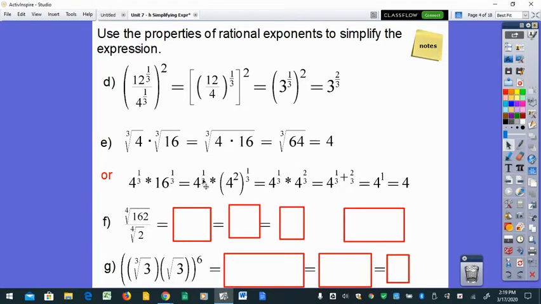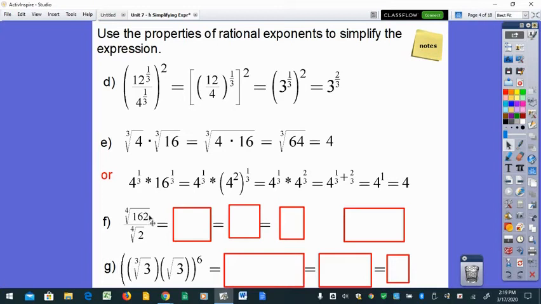Now I have 4 to the 1/3, and when you raise a power to a power, you multiply. And when you multiply, you add the exponents, and I'm still going to get to that 4, but just a different route. And speaking of roots, I think that the root way is probably an easier way to go there.